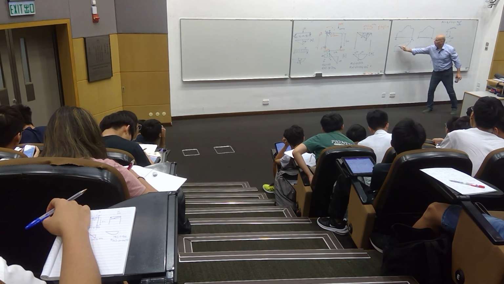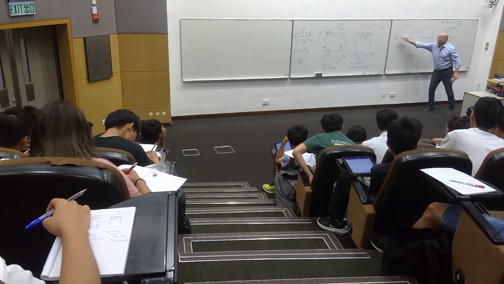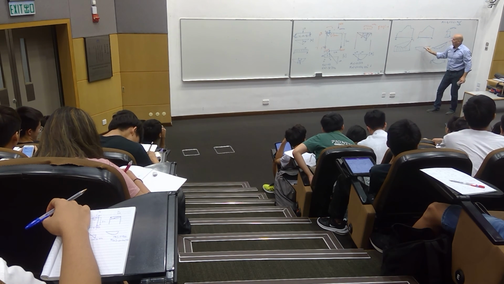The total diagram is the straight line connecting the 1 and the 2, and then hanging from there this diagram.